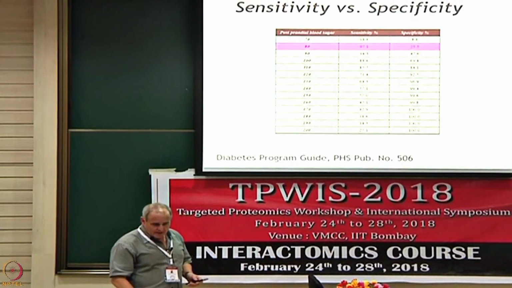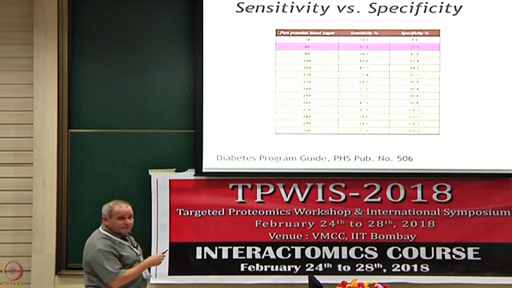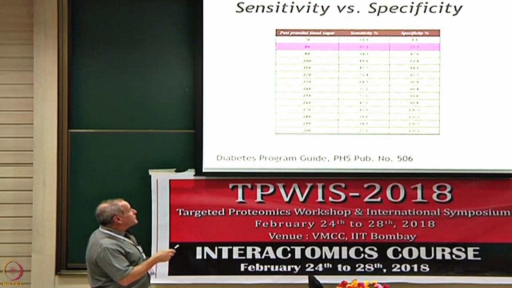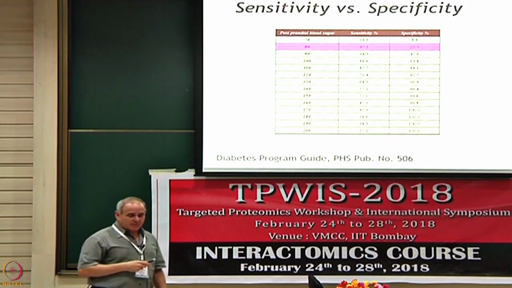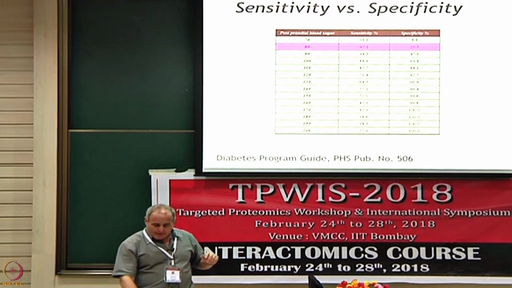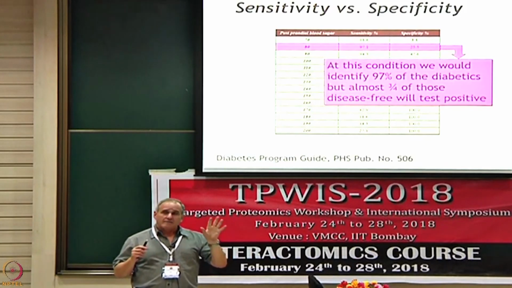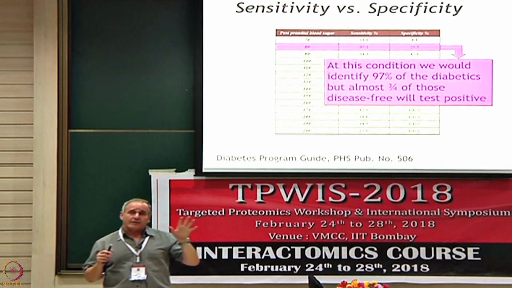So let's look at this example here. At 80, if you use 80 as your cutoff, you're going to be 97% sensitive, right? But you're going to be only 25% specific. So one goes up, the other goes down. So what that means is that you're going to identify 97% of the actual diabetics.